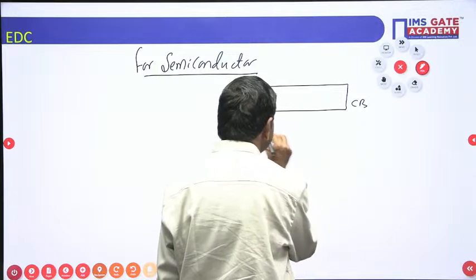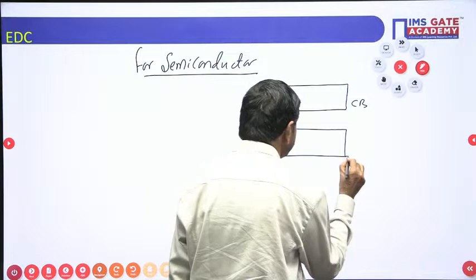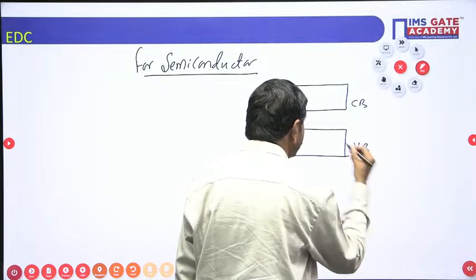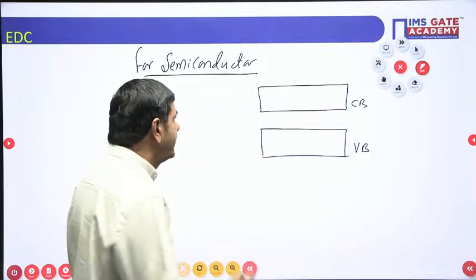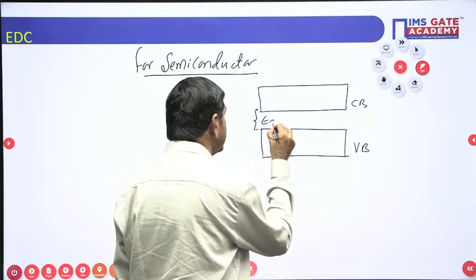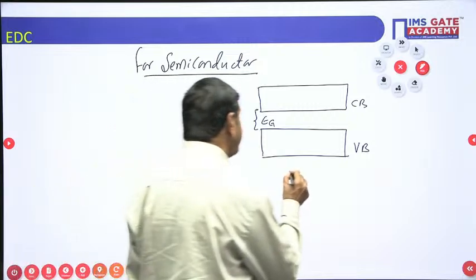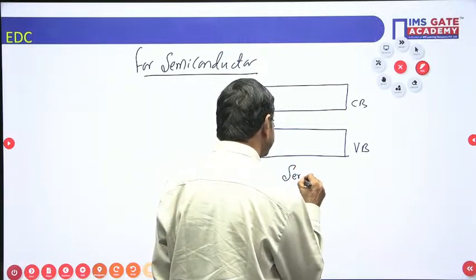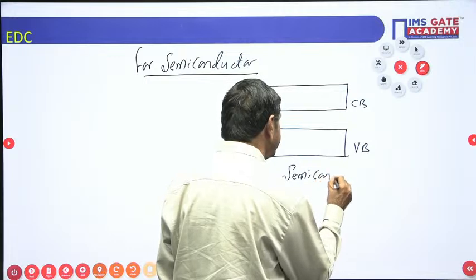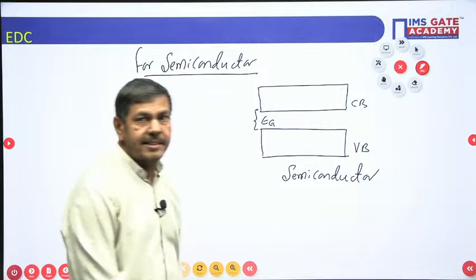This is the valence band. This is said to be the forbidden energy gap, a small value. That is a small value for semiconducting materials. This is a semiconductor.